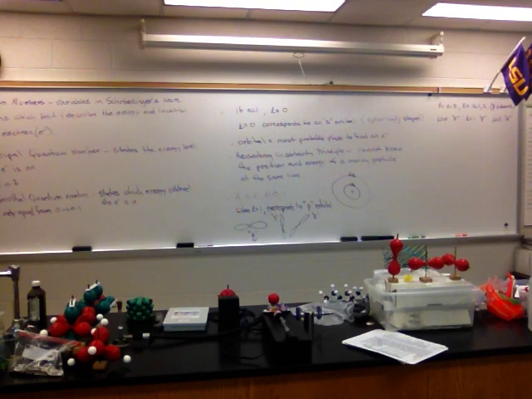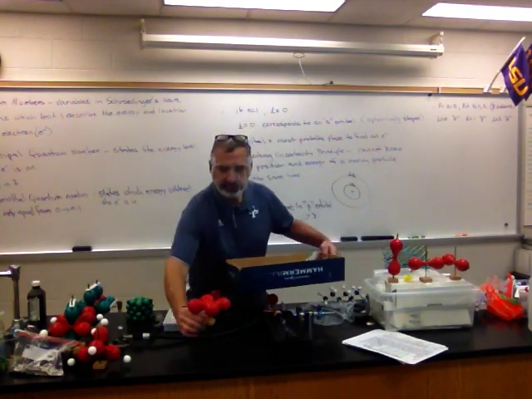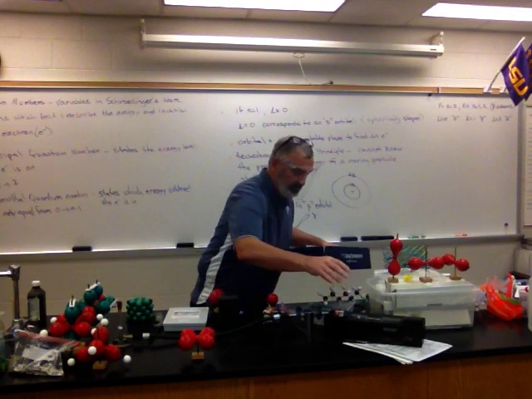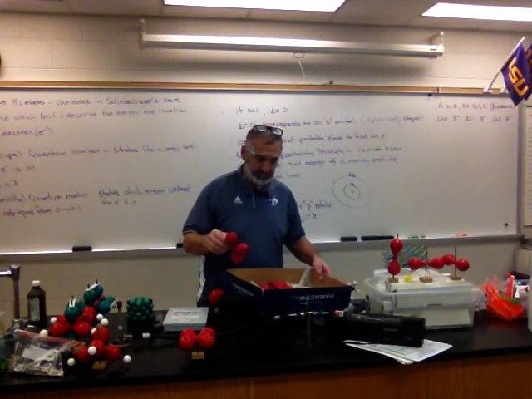So, a D. A D orbital, we say, is rose petal shaped. There's one. And there are going to be 5 different orientations in space for this one.